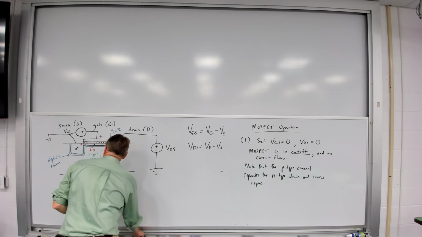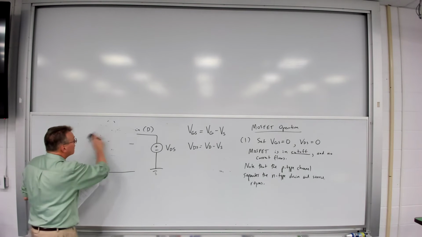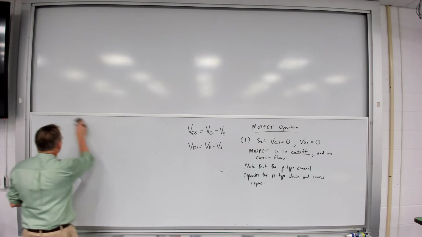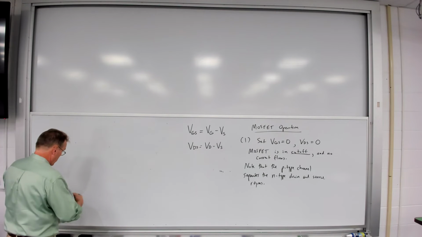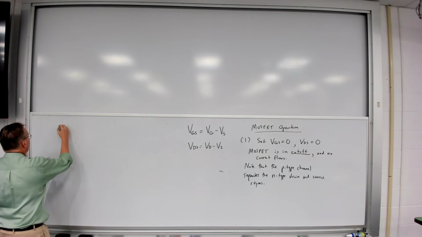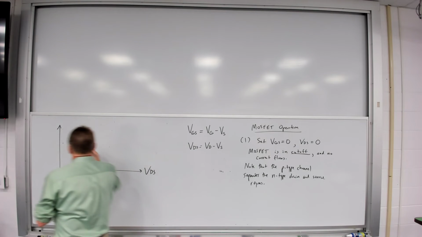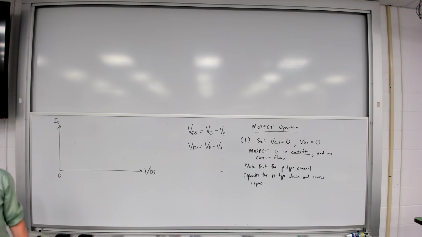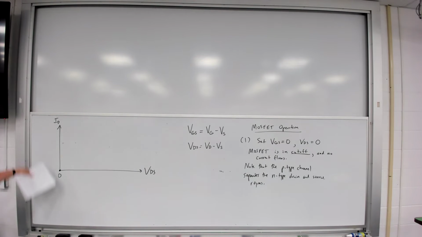I'm going to do a plot of drain current versus VDS. So let's plot what I was just writing about a moment ago. When VDS is equal to 0, ID is equal to 0.